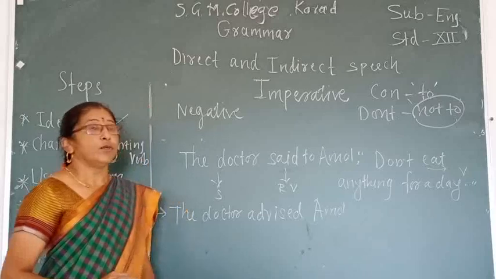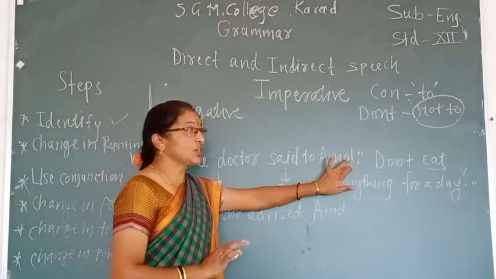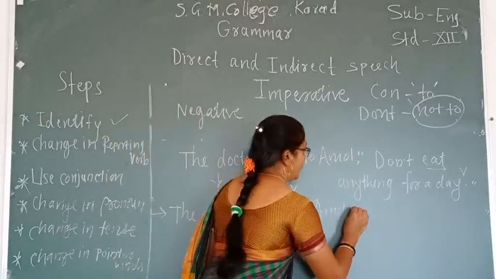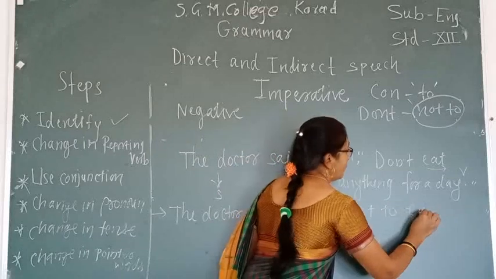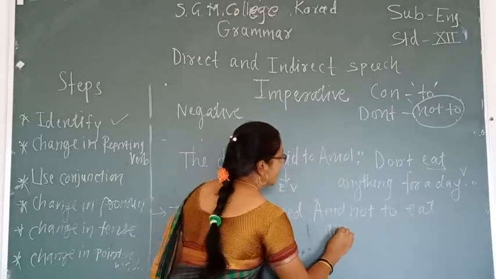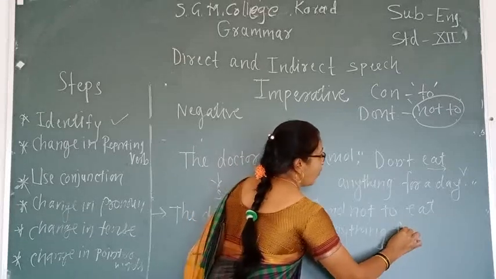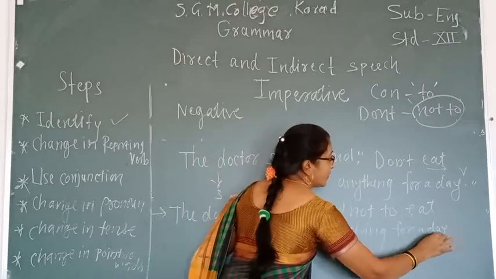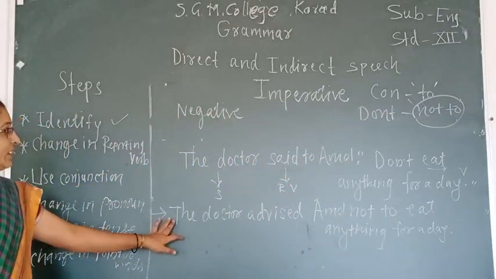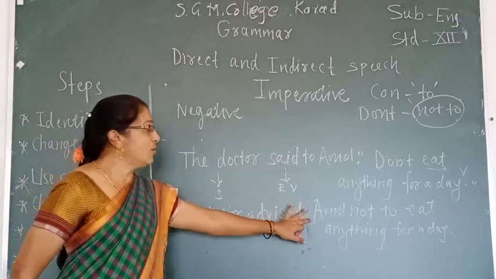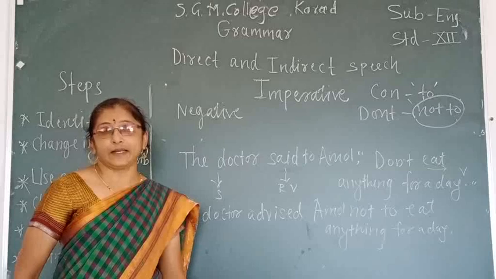Then the punctuation marks are removed, and then we use the conjunction not to. Not to eat anything for a day. Full stop. Now look again at the final sentence in indirect speech: the doctor advised Amol not to eat anything for a day.